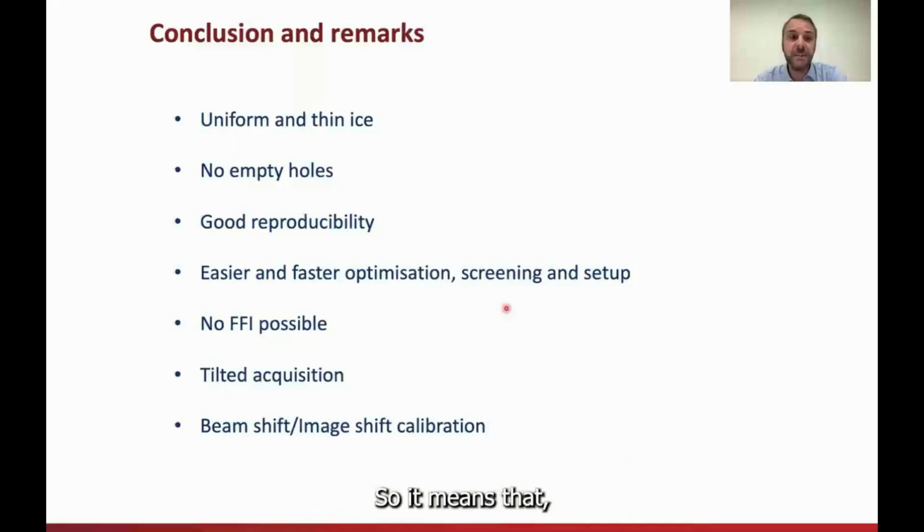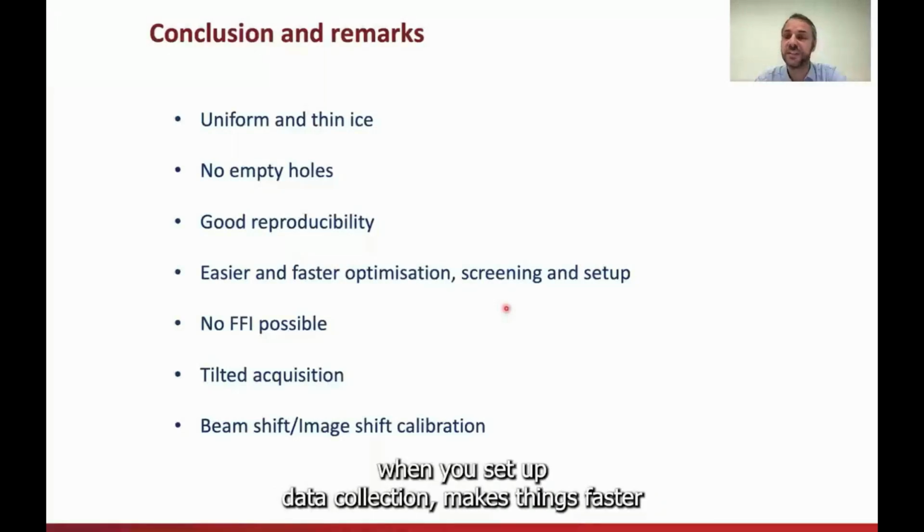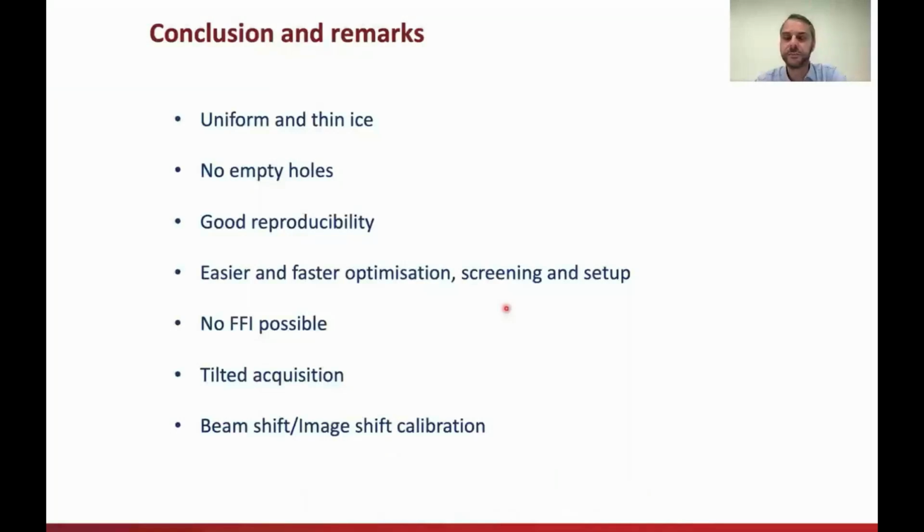So it means that we hardly need to optimize freezing conditions, and also screening and acquisition when you set up data collection makes things faster and very easy, especially with automated hole selection in EPU, for instance.